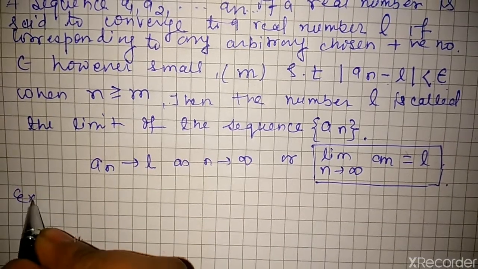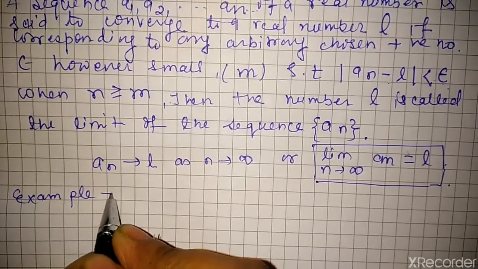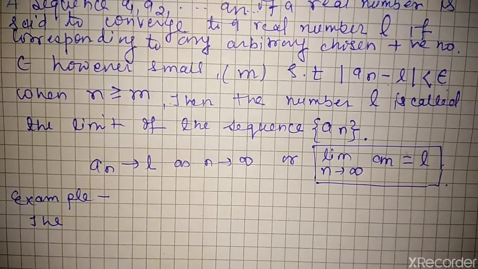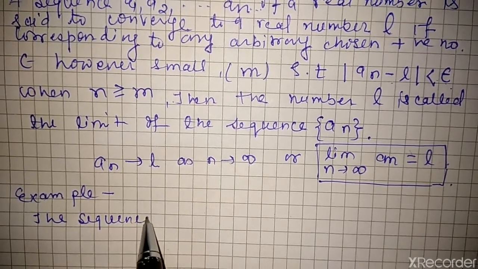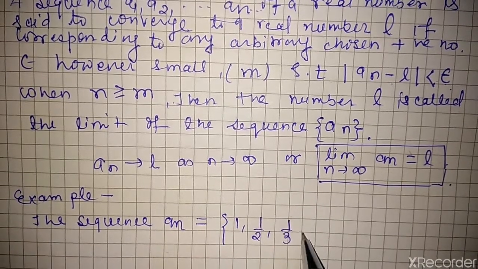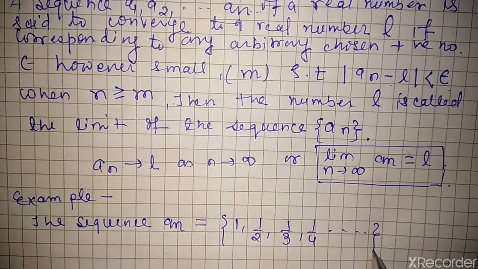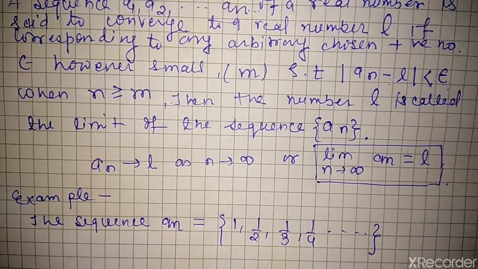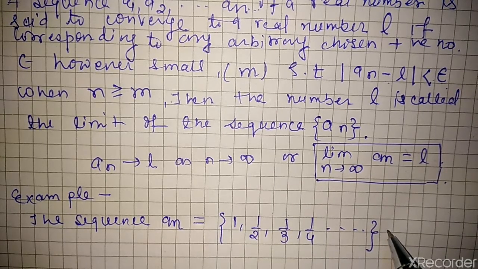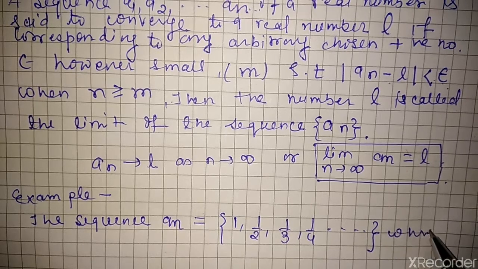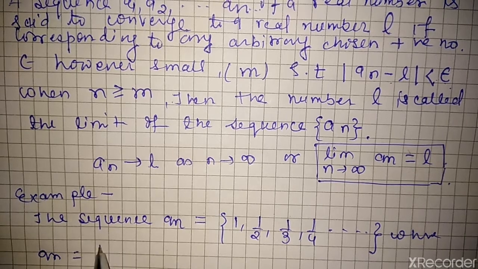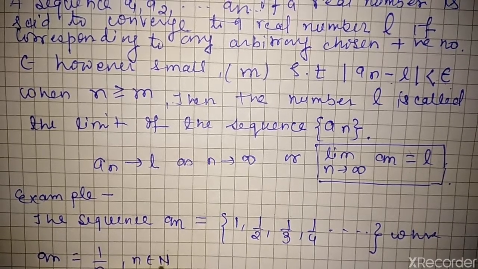Now, for example, the sequence an equals 1, 1 by 2, 1 by 3, 1 by 4, and so on up to infinity, where an is 1 by n for n belonging to the set of natural numbers.